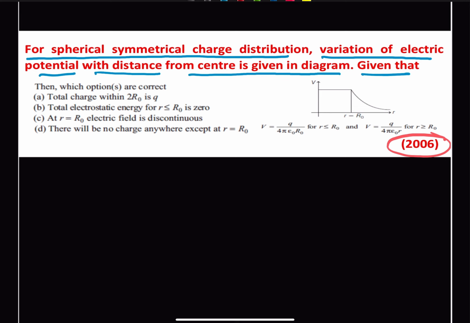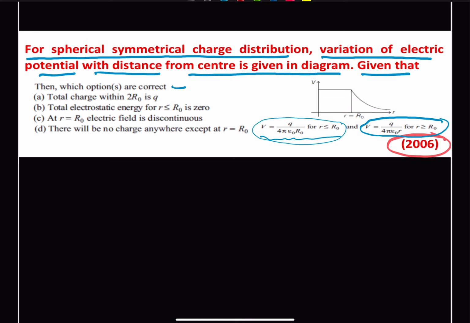Given that the value of potential for R less than or equal to R naught is governed by this equation, and for greater than R naught it is governed by this equation. Based on this we have to see which of these options is or are correct. So it can be multi-correct or single correct.